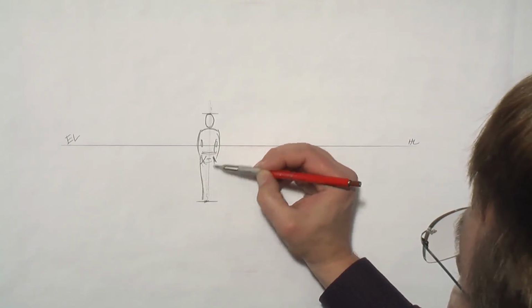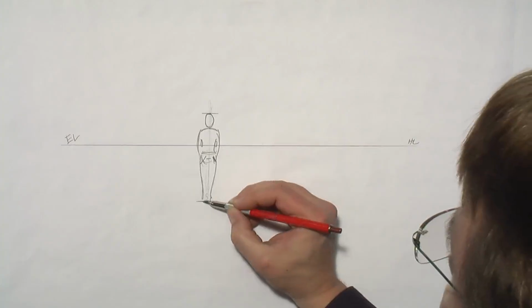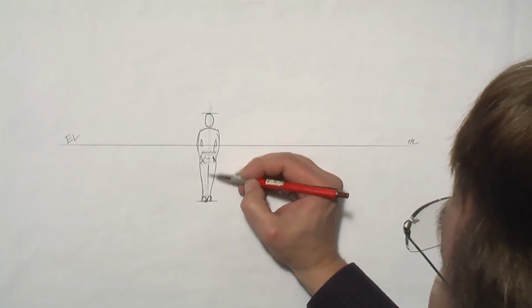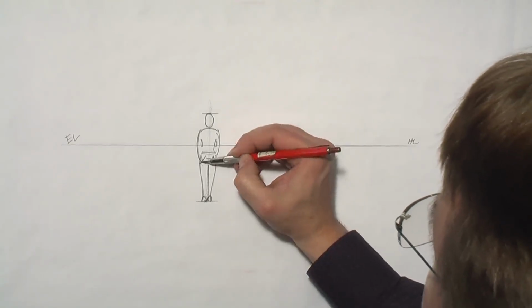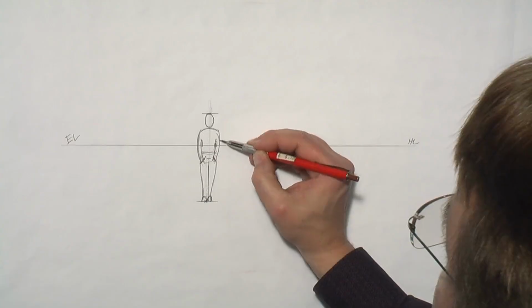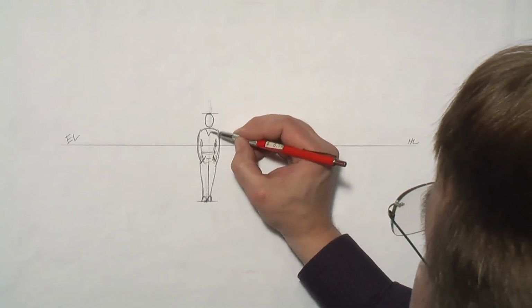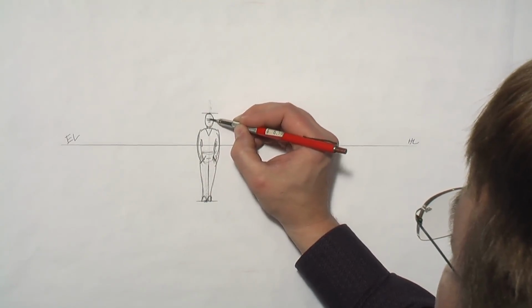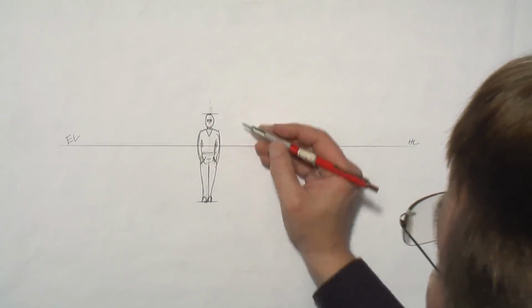Draw out some legs, have some simple shoes. Very, very simple diagram. All right, so we have figure A.